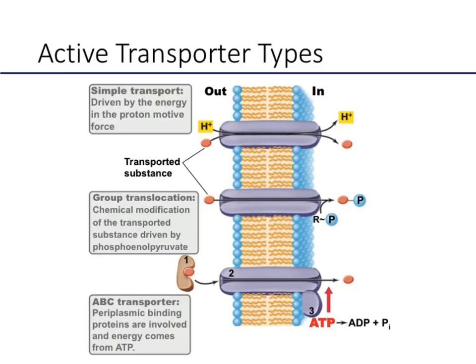Okay. These are 3 examples of active transport. What do they all have in common? Or what is one commonality? That is true. That is a key feature of active transport, is typically we find active transporters working against the concentration gradient.